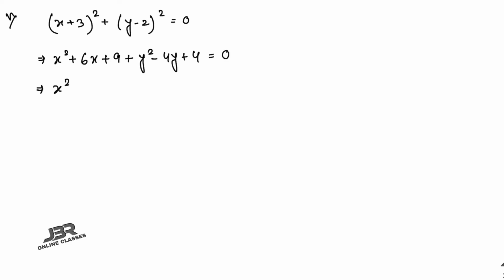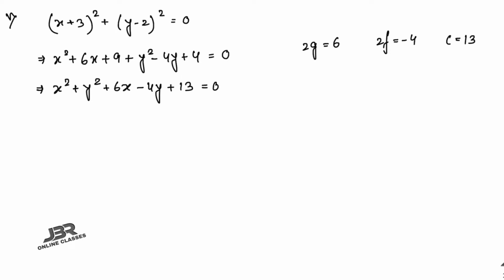So that means here x square plus y square plus 6x minus 4y plus 13 equal to 0. So 2g equal to 6, 2f equal to minus 4, c equal to 13. G equal to 3, f equal to minus 2, c equal to 13.